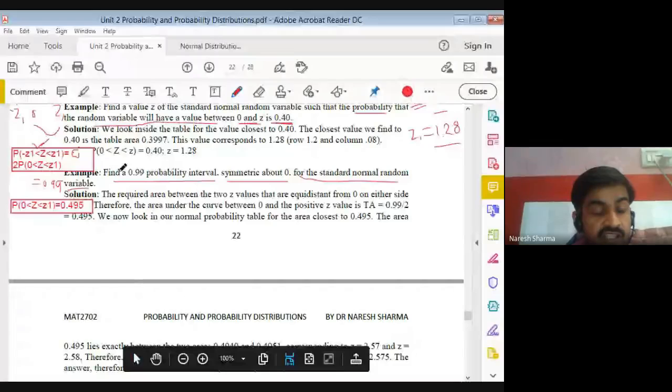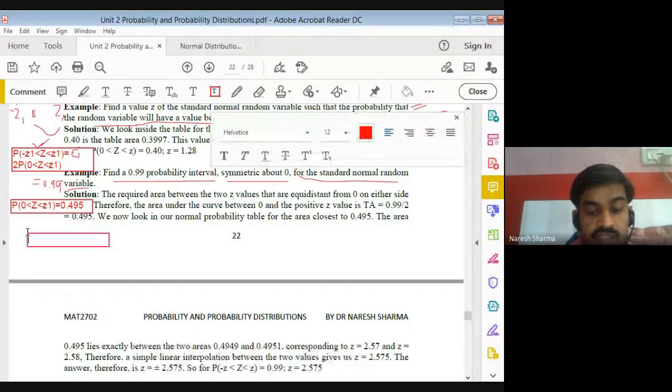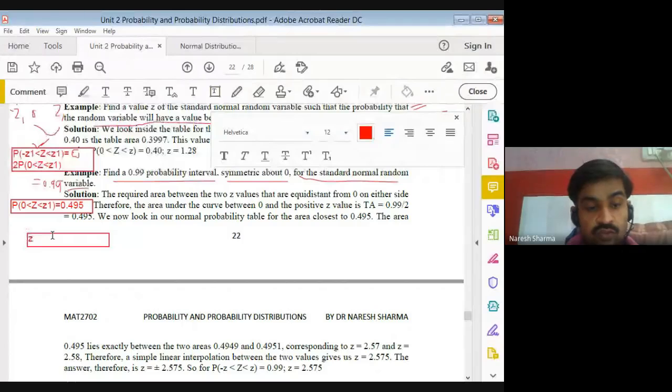So from the table, z1 has two values, 2.57 and 2.58.